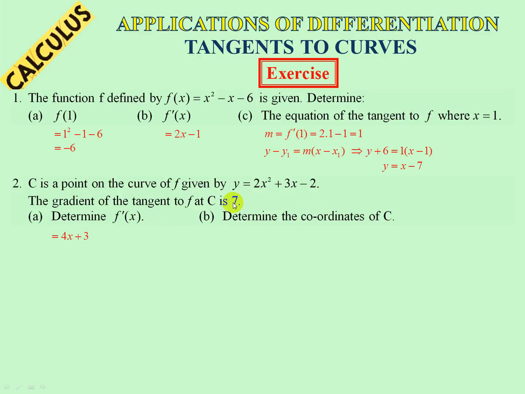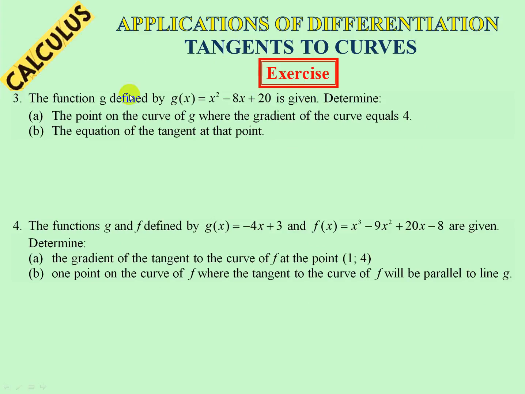So therefore I'm going to say, well, the derivative is 4x plus 3. I'm putting it equal to 7. Solving for x, I get x equal to 1. Now that I know x is 1, it says find the coordinates of C. I need to put 1 back in the original to find the y value. And we have our point.